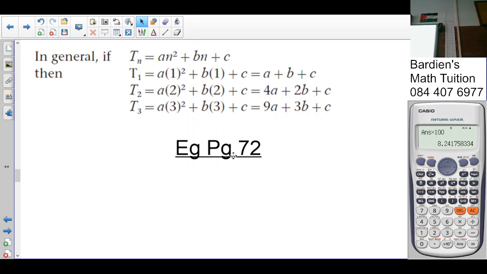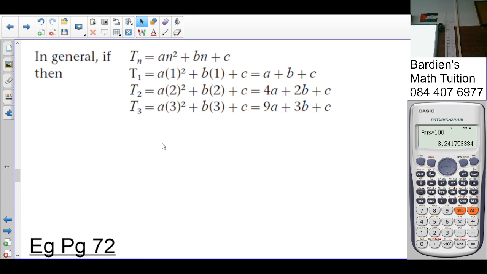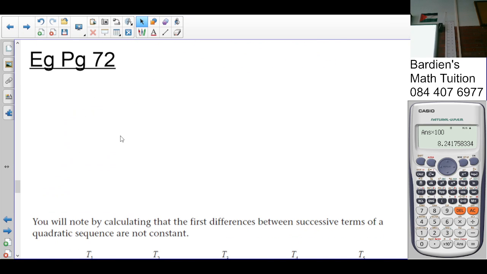So what they did was, for term 1, it's going to be T1 is equal to a times 1 squared plus b times 1 plus c, which gives you a plus b plus c. T2 is equal to a times 2 squared plus b times 2 plus c. It's going to be 4a plus 2b plus c, and so on. Okay, so that is the general formula.